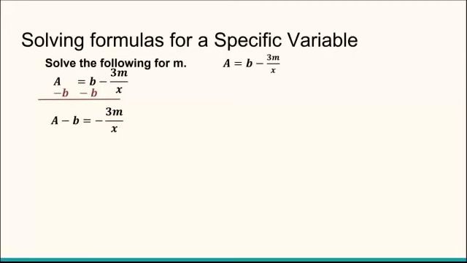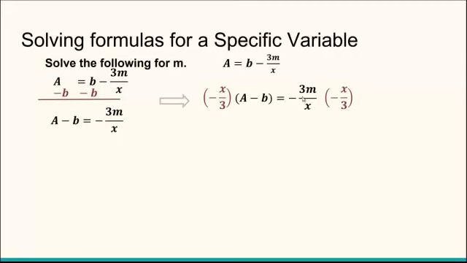So what I'll do next is multiply both sides by negative x over 3. If I do that, notice on this right-hand side, because I want m equals, negative times negative, that'll be a positive. I'll get the 3x over 3x. Those will cancel, so that way my m will be all by himself over here.